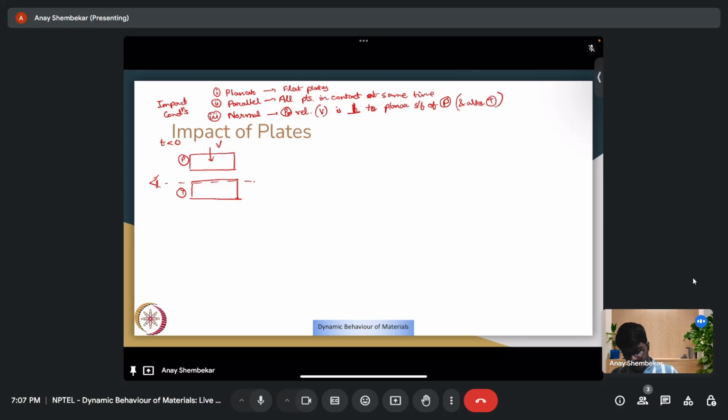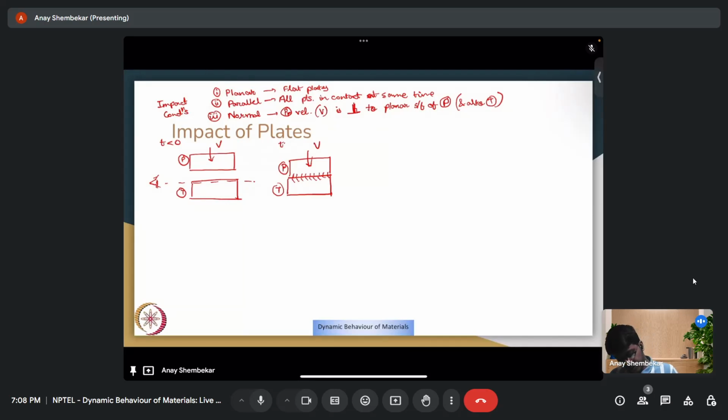At t less than 0, we can see that the projectile P is rushing towards the target T with a fixed velocity V. At t equal to 0, we'll consider it to be impact. Something will start happening on the surface.